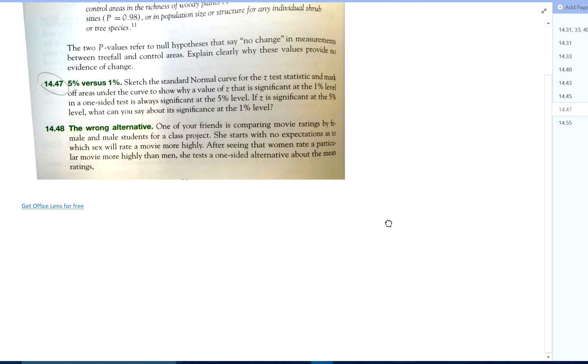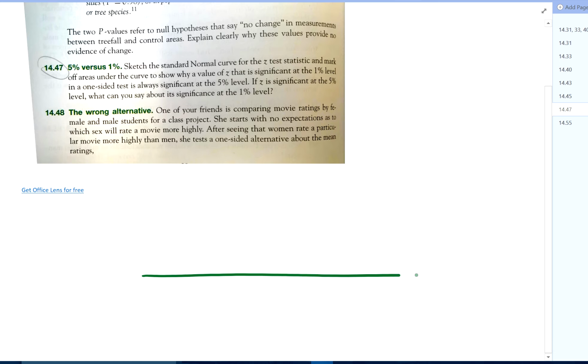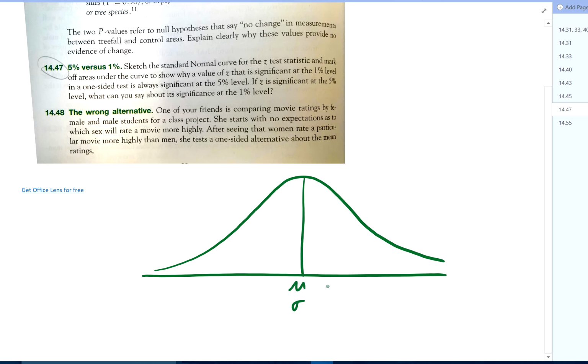47, 5% versus 1%. Sketch a standard normal curve, mu equals 0, sigma equals 1, for the z-test statistic and mark areas under the curve. Show why a value significant at the 1% level is always significant at the 5% level.